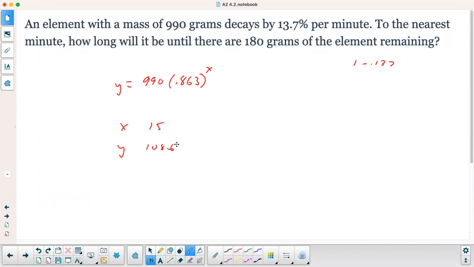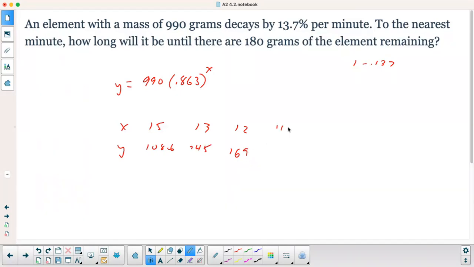990 times 0.863 to the, let's try the 13th. 13th was 145. Maybe try the 12th. 169.